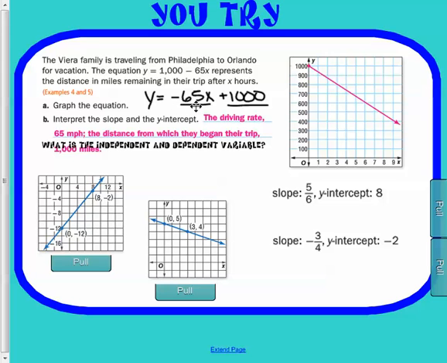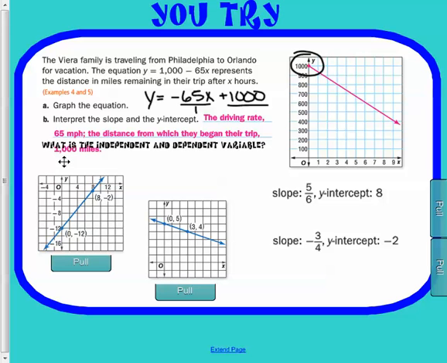I know that I am falling negative 65, so down 65 every one. So the driving rate is 65 miles per hour, and the distance that they began their trip was 1,000 miles away. Okay, so they had 1,000 miles to travel, and gradually over time, they're going to get closer to their destination.